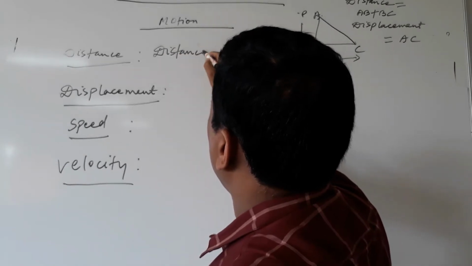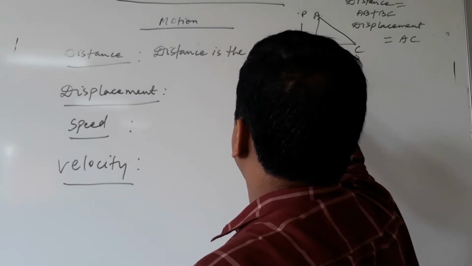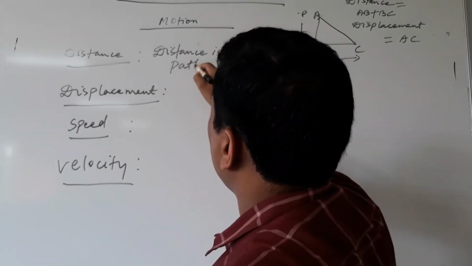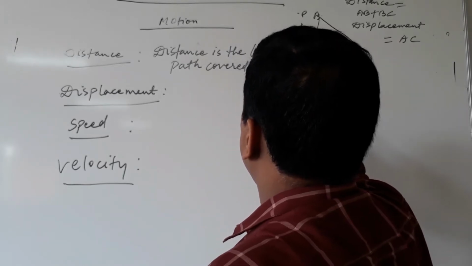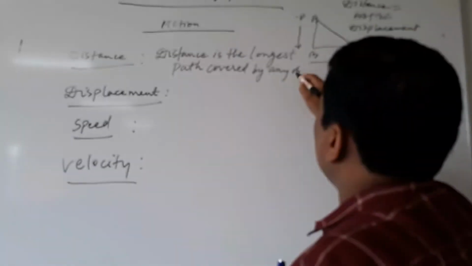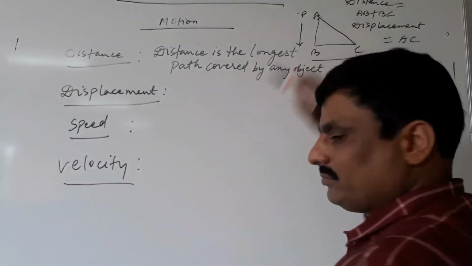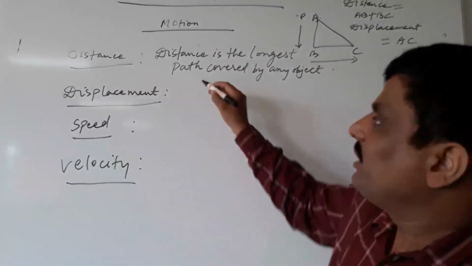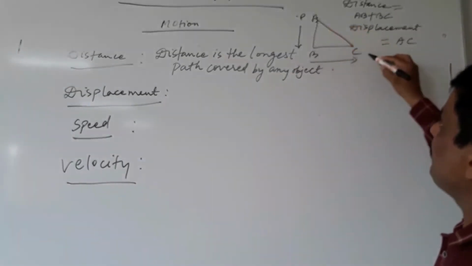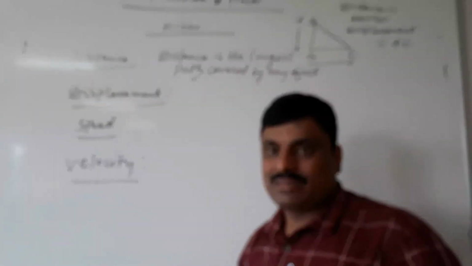Distance is the longest path covered by any object or any body. Through the drawn figure, we can show the longest path, which means AB plus BC. This is the distance covered by any object.